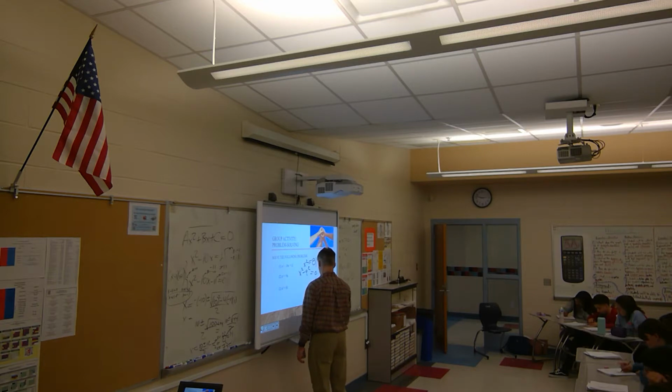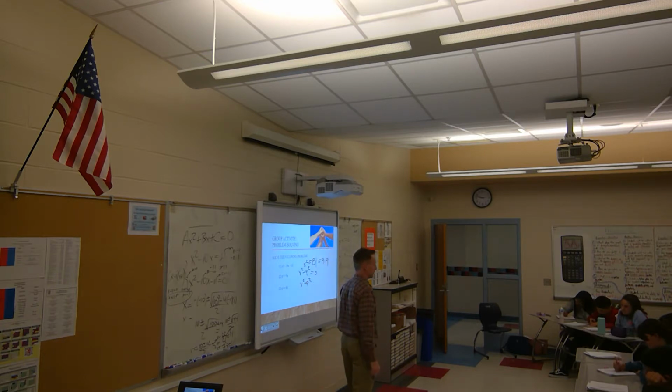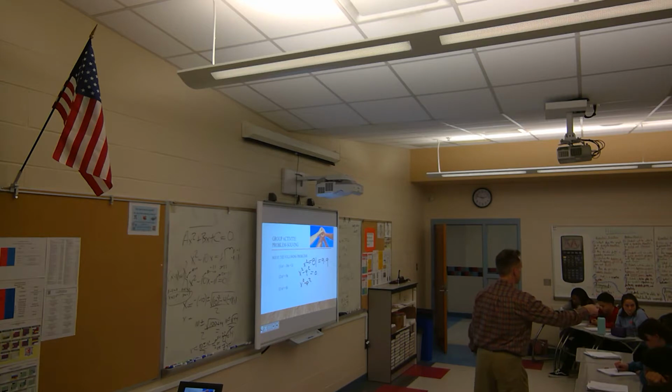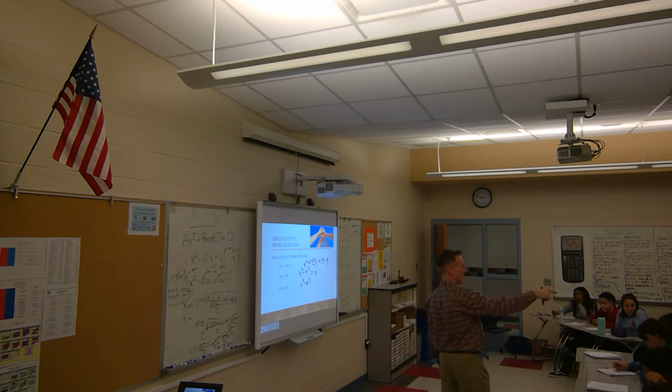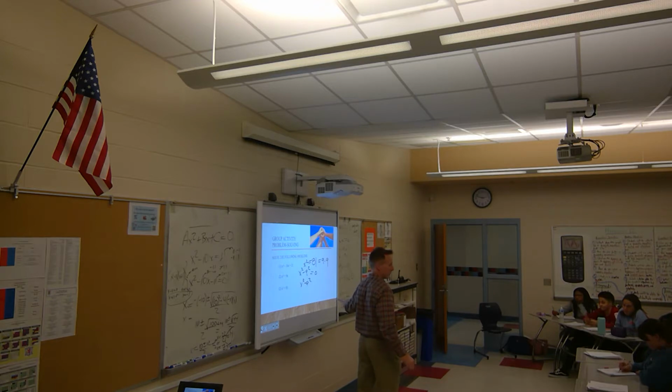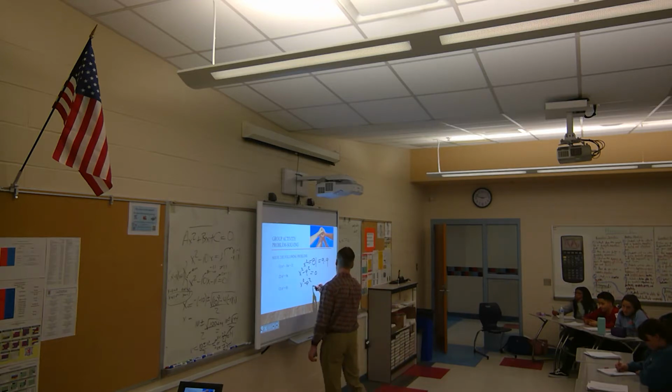If I had x squared minus a squared, what would that equal? You should know this by Friday. What's x squared minus a squared? If there's a difference of squares, it's going to be x plus a times what do you think?